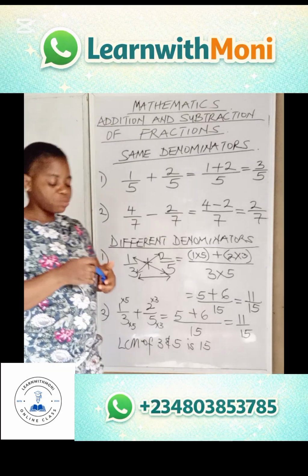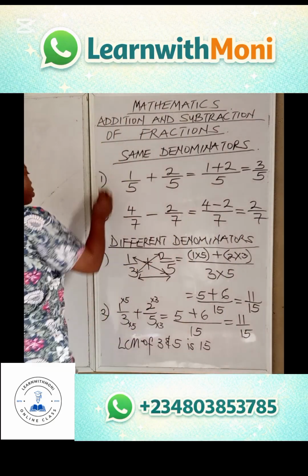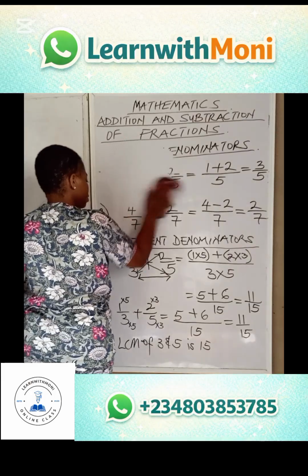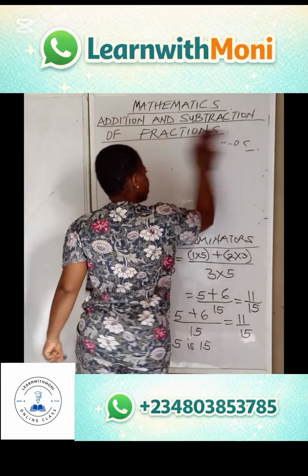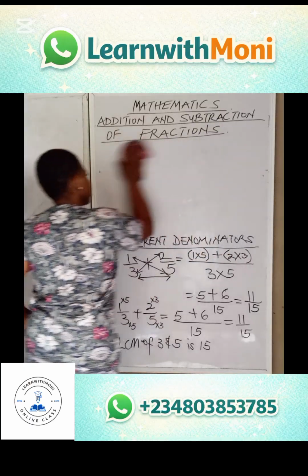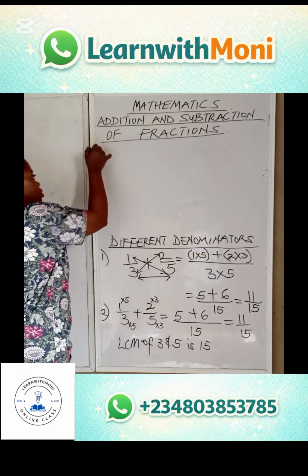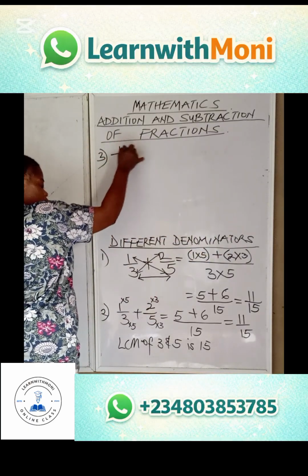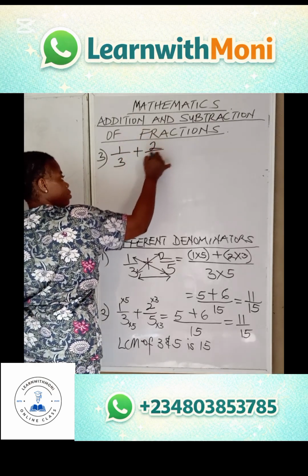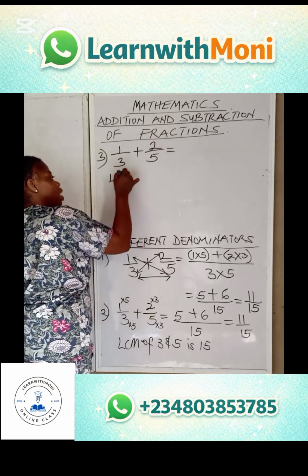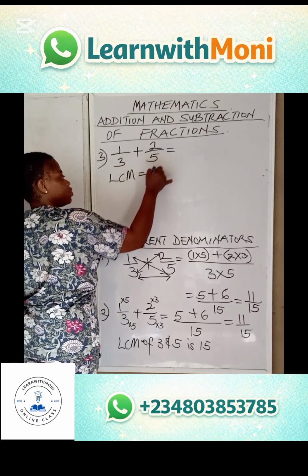The third method I'll be sharing with you today is still the equivalent fraction method. It's just in another form. Look at it. We have 1 over 3 plus 2 over 5. We know that the LCM of 3 and 5 is 15.